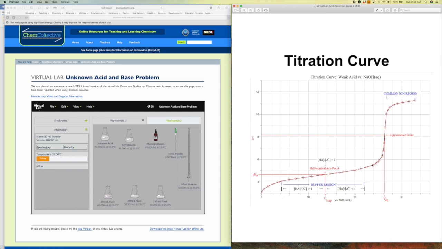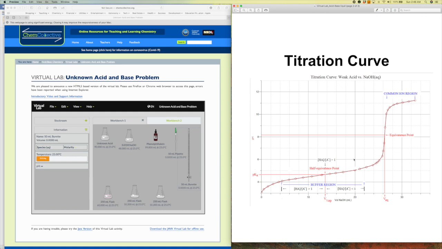We want to get as many points in this region as we can. Now, in this jump, you will see that midway, the midpoint between these two highest regions is your equivalence point.